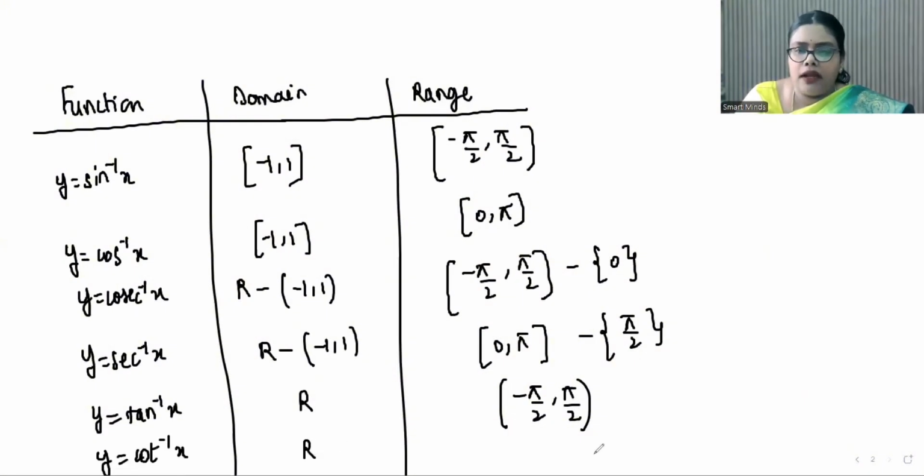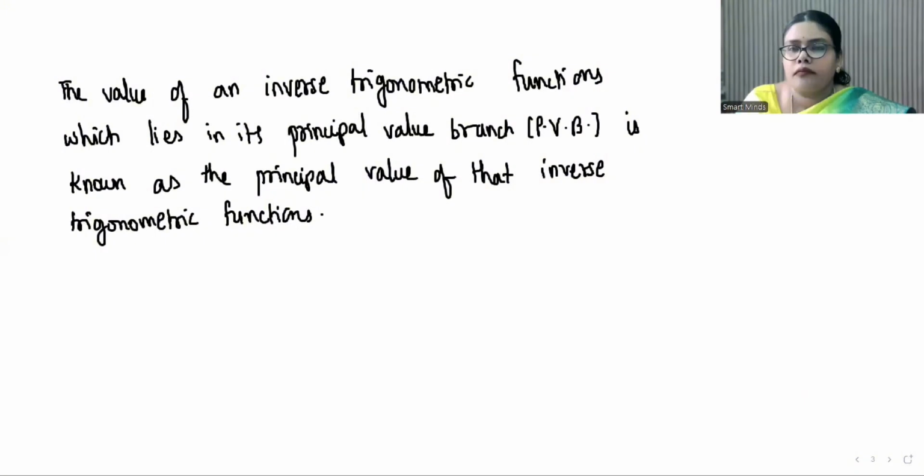Domain is R and range is open interval 0 comma pi. So the value of an inverse trigonometric function which lies in its principal value branch, which is also abbreviated as PVB, that is called as principal value of that inverse trigonometric function.